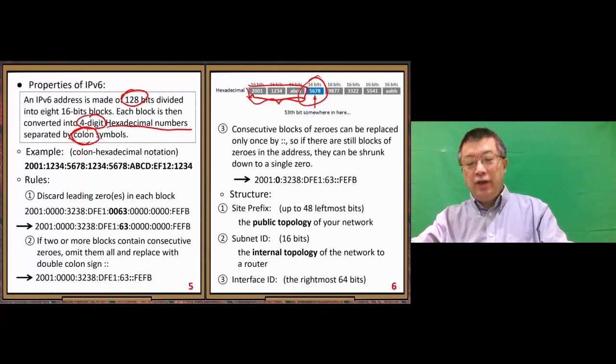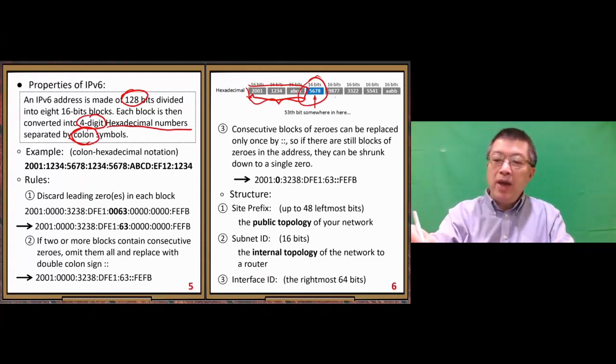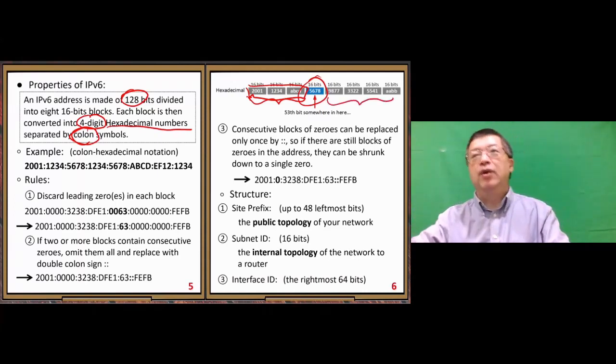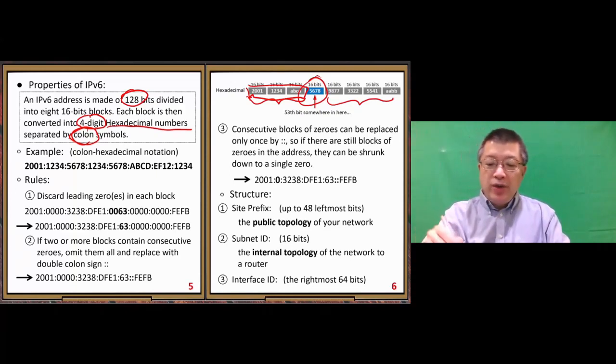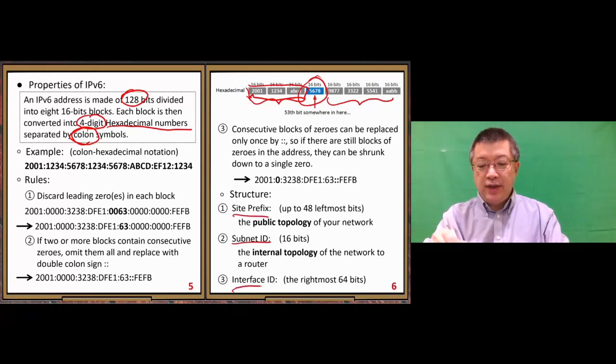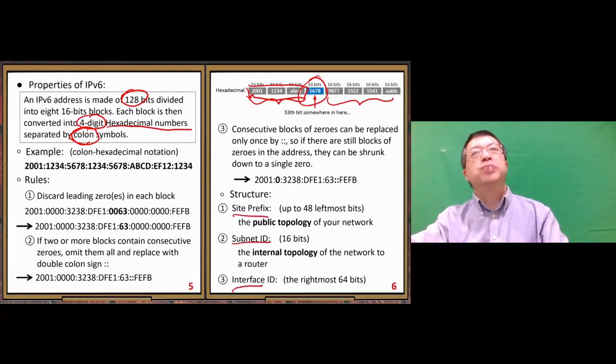Number 3, the interface ID: the remaining bits, or digits. We do not need to know more details, because that should be enough. We just want some very basic information. All right, that's for part B.1.